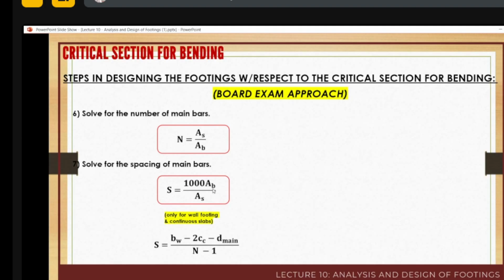So this spacing is for wall footing or continuous slabs.